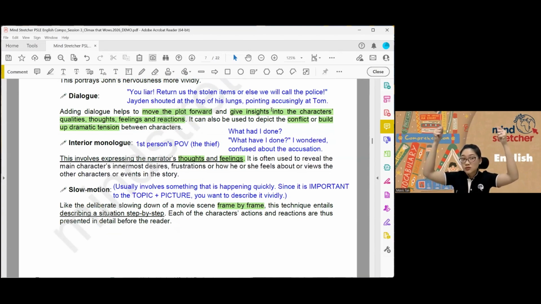And at the same time, you also want to describe your facial expression and how you slammed it down, which part of the table you slammed it on, and then what sound you heard. And at that moment, you realize that you regretted your action because you had been impulsive. So slow-mo. Later on, we'll see some examples.